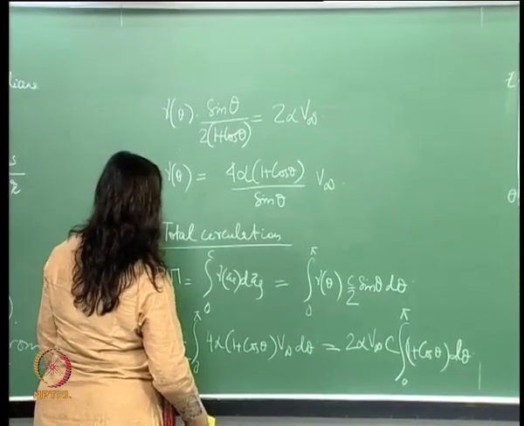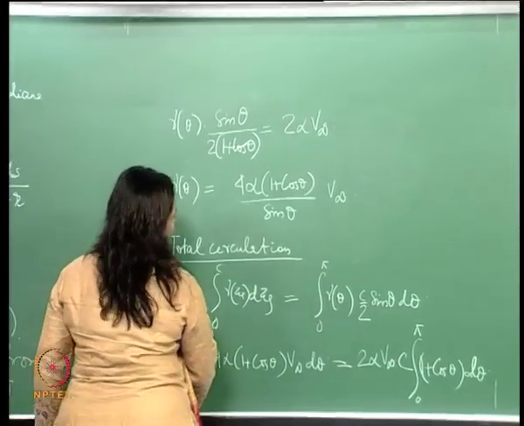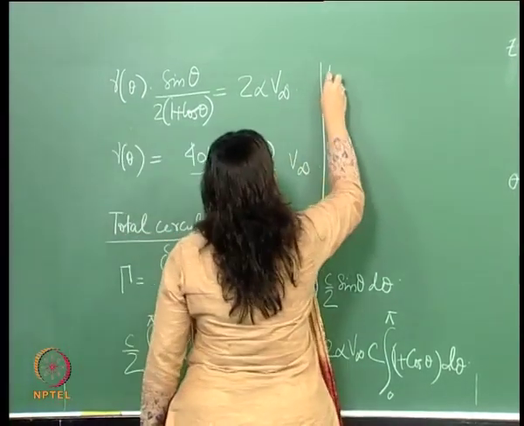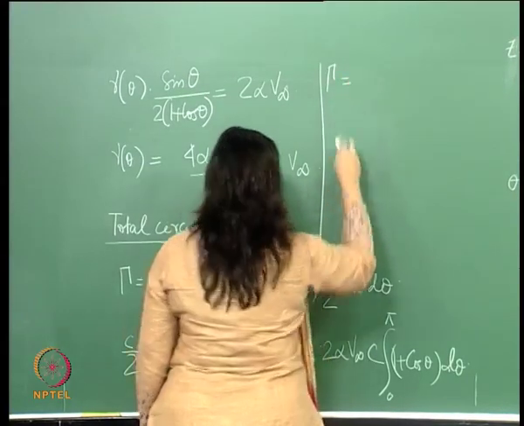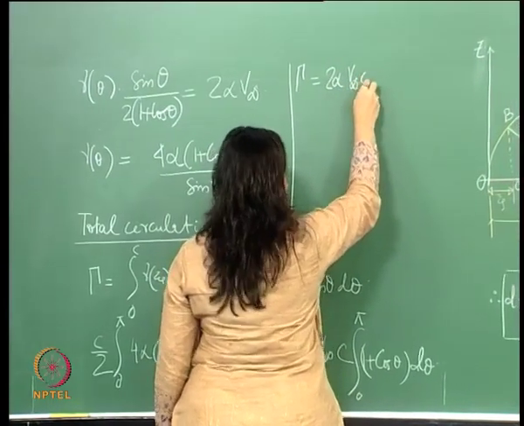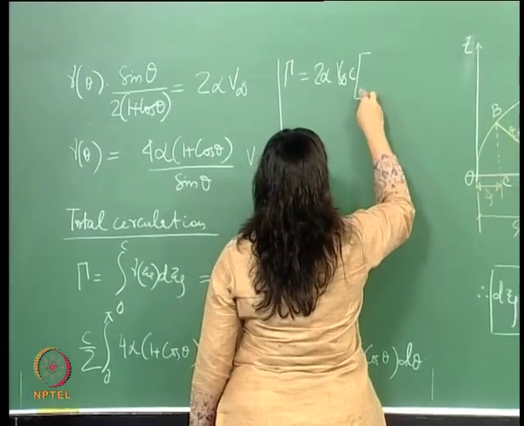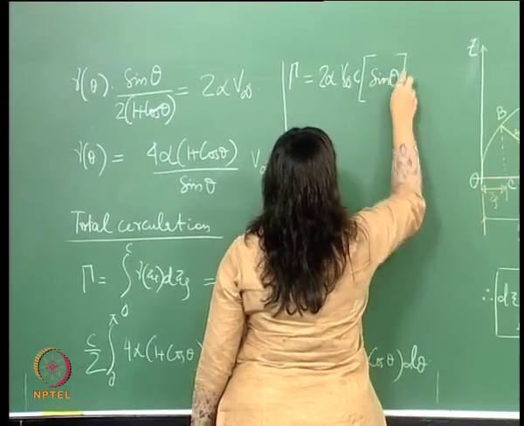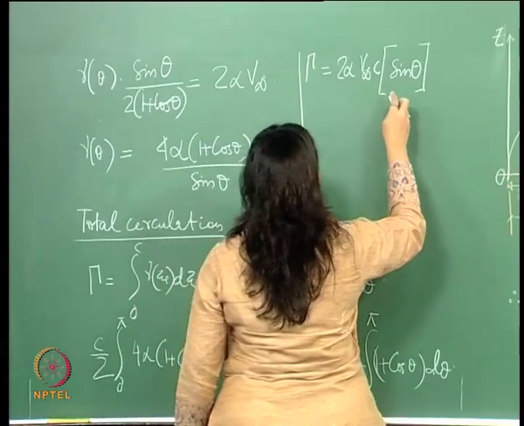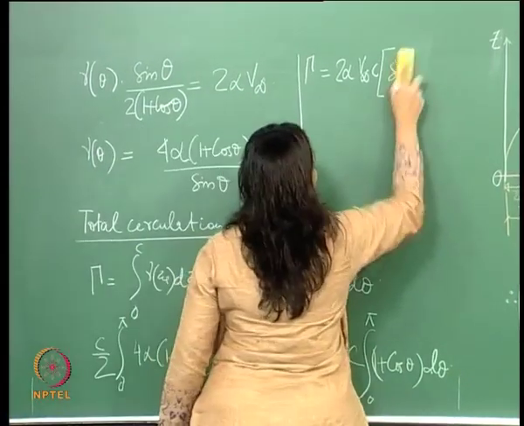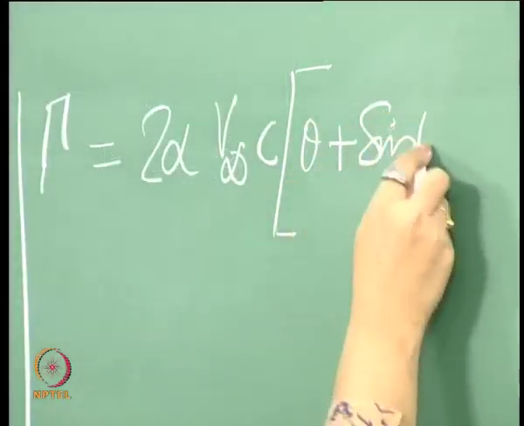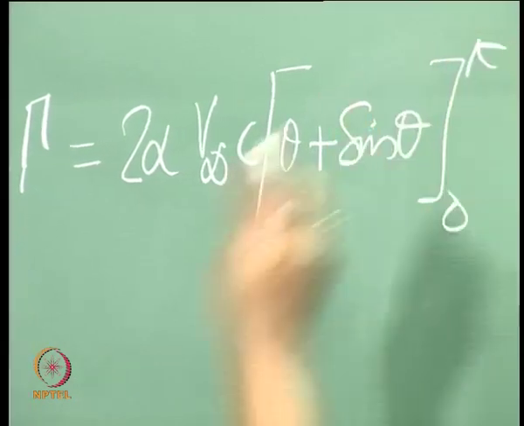So, if I were to complete it over here itself, my total circulation becomes 2 alpha v infinity c times, integrating here, theta plus sine theta from 0 to pi.